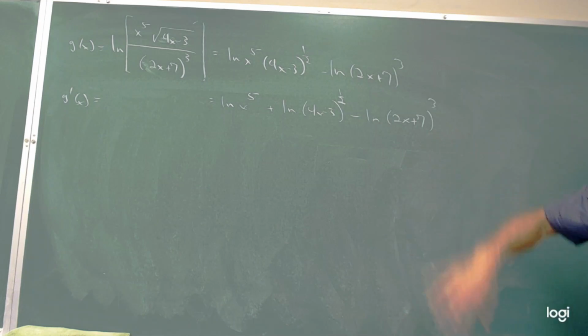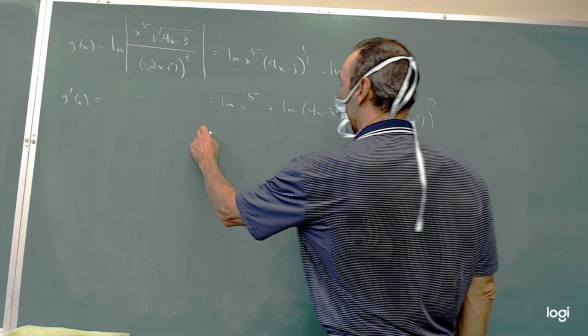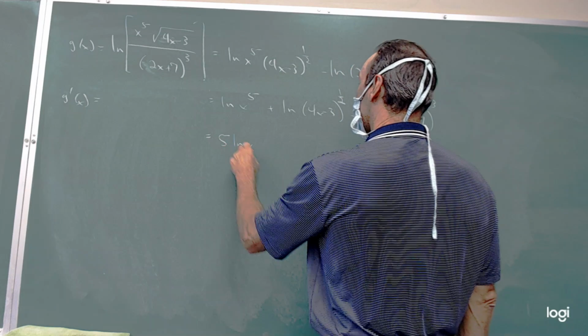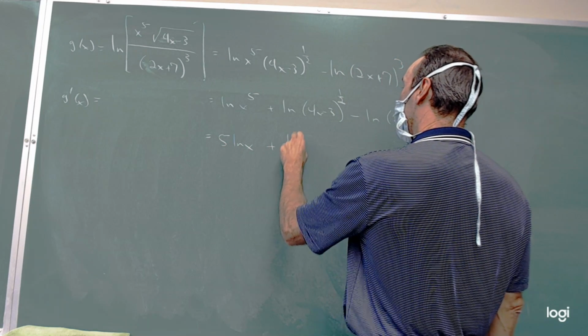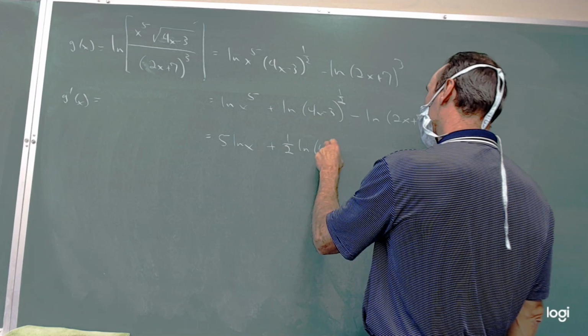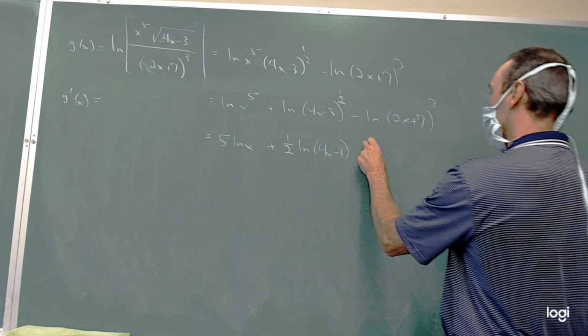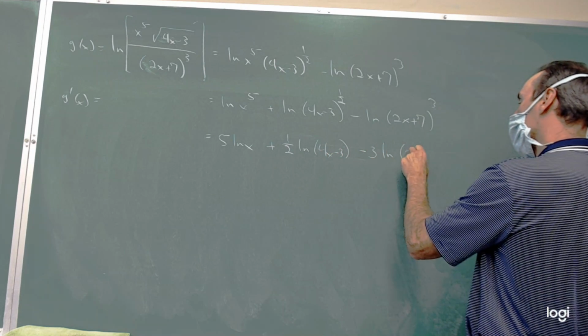And finally, bring those exponents in front. So 5 natural log x plus 1/2 natural log of 4x minus 3 minus 3 natural log of 2x plus 7.